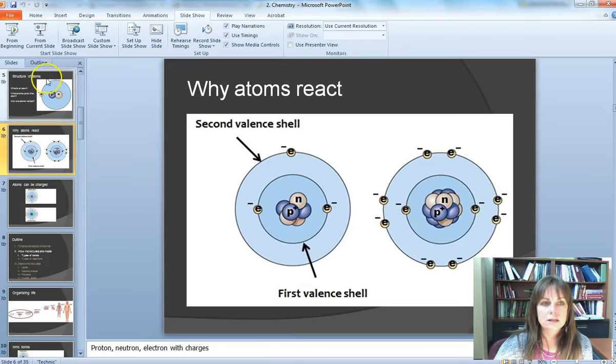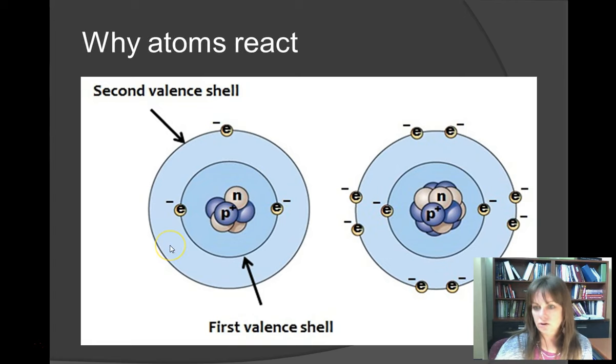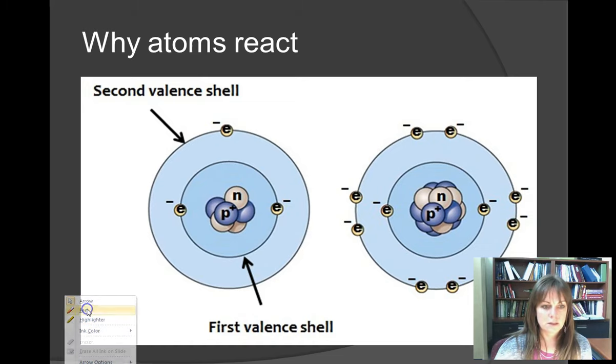So let's go back here to this picture that we've looked at in previous video clips, and let's look at it a little bit more closely. And let me get my pen tool ready here. Okay, so let's count up the charges for just this atom right here.